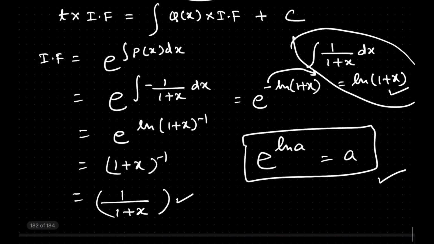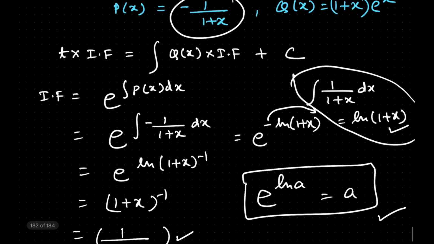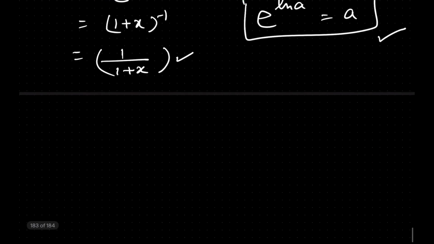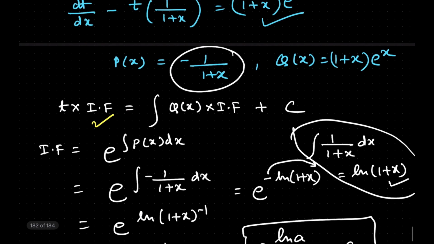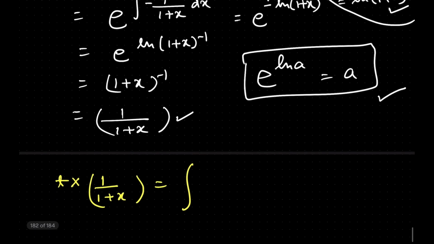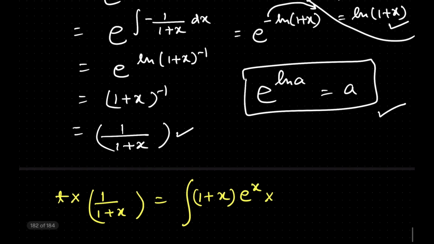So now we will write our solution. Our solution is t into integrating factor. So t into our integrating factor is 1 by 1 plus x, then integration of Q(x). So what is our Q(x)? This is our Q(x), 1 plus x into e to the power of x, and we multiply this by our integrating factor.